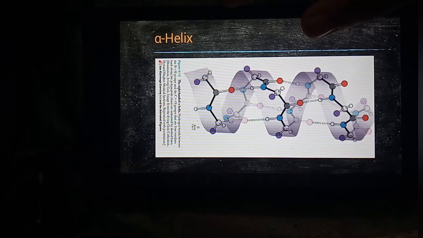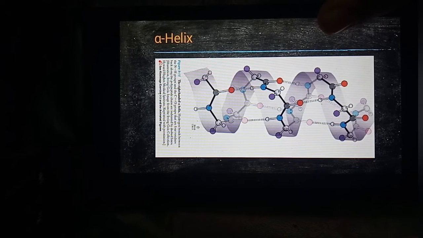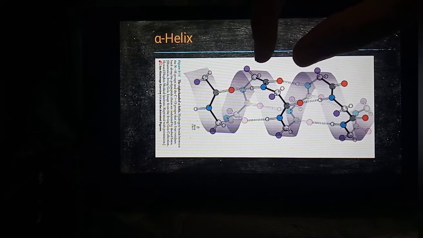The hydrogen bonds of the alpha helix are arranged so that the NH group of the nth residue points towards the C=O group, and this results in a strong hydrogen bond with a distance of about 2.8 Angstrom.